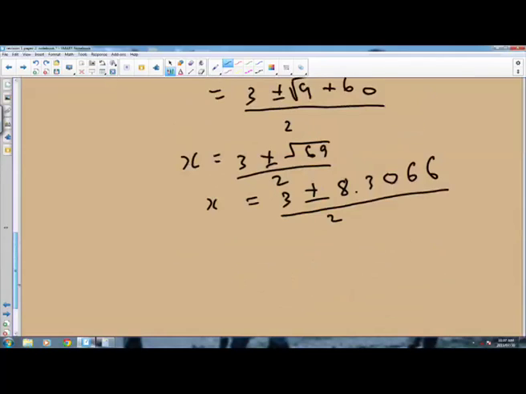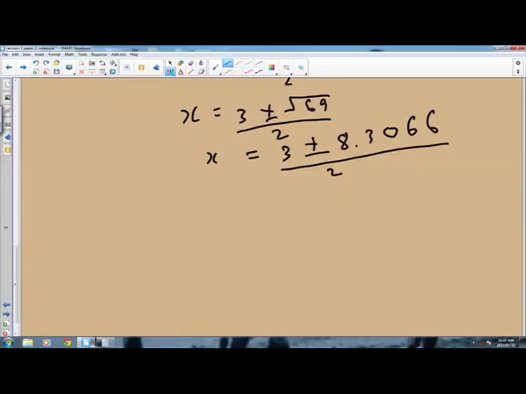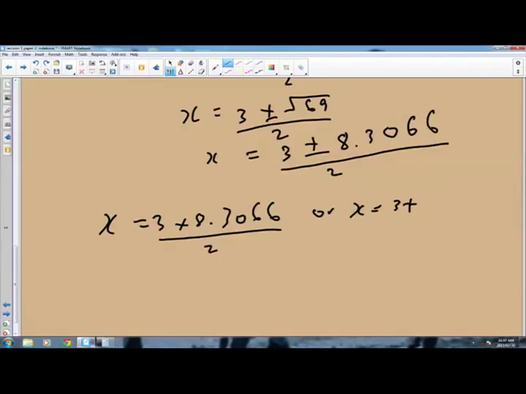So x can be equal to 3 plus 8.3066, and then you have to divide by 2.